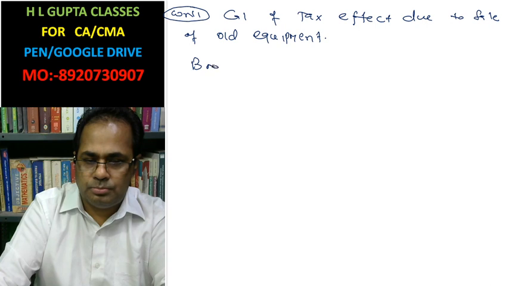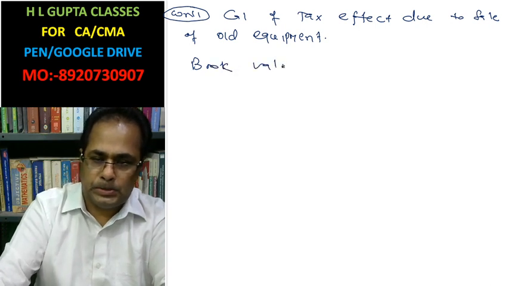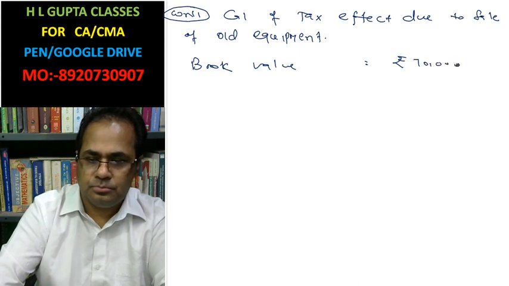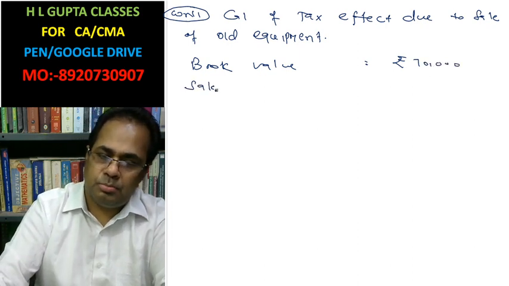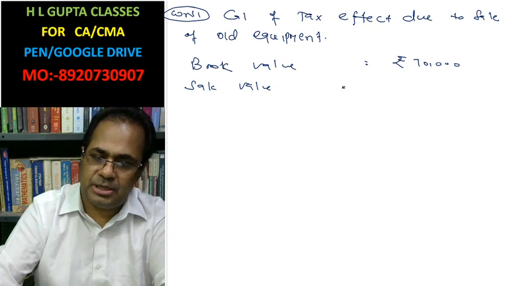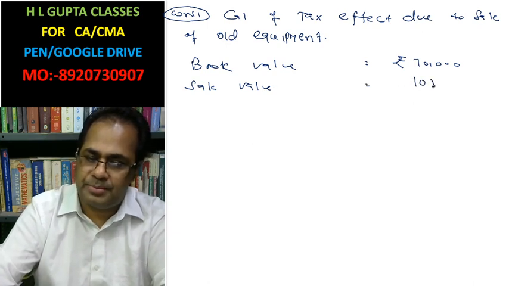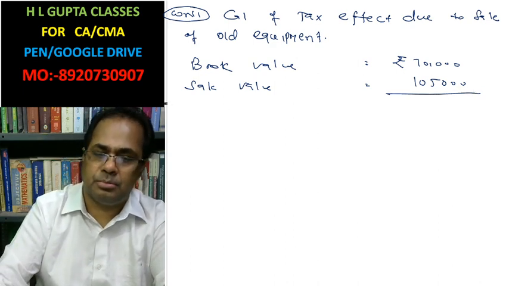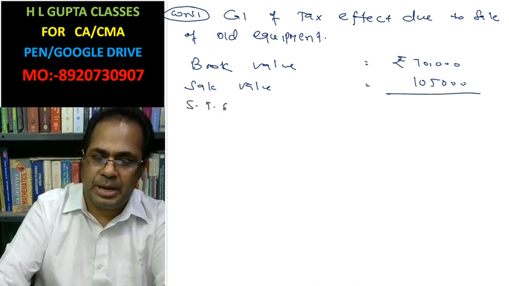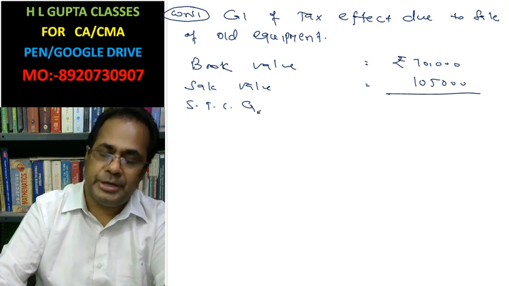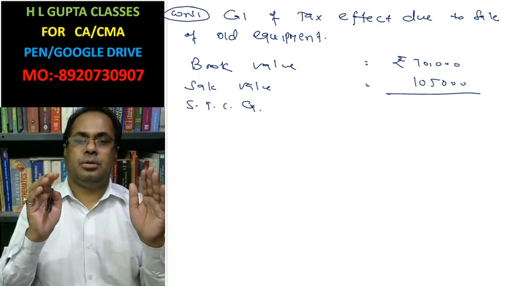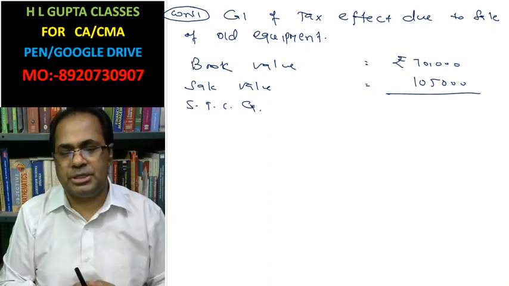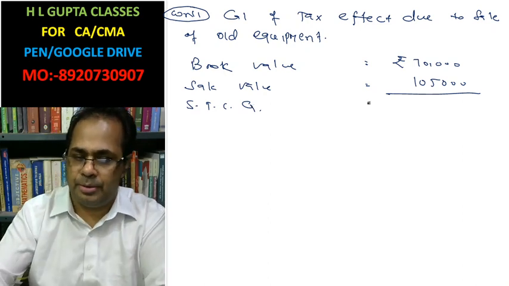Book value rupees 70,000. Sale value, the sale of the machine is done at 1,05,000. Short term capital gain: for all machines in which depreciation is done, the difference between these two is said to be the short term capital gain.